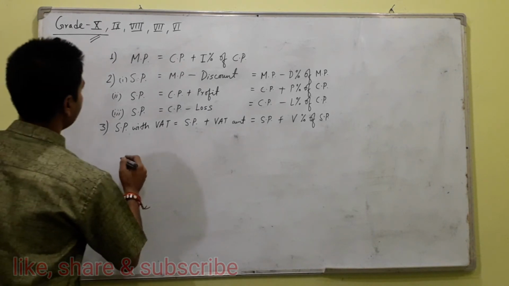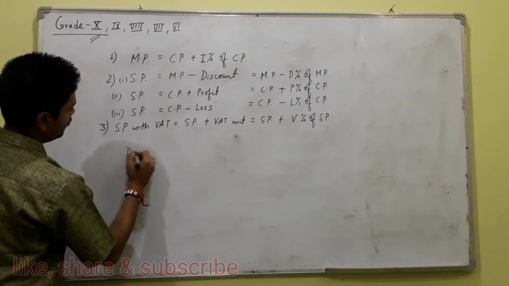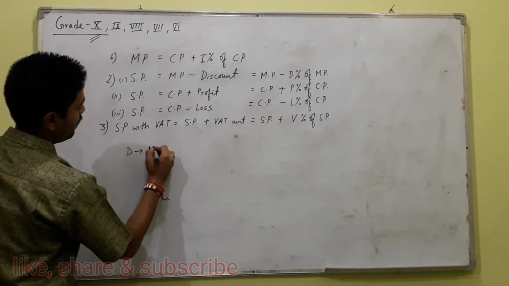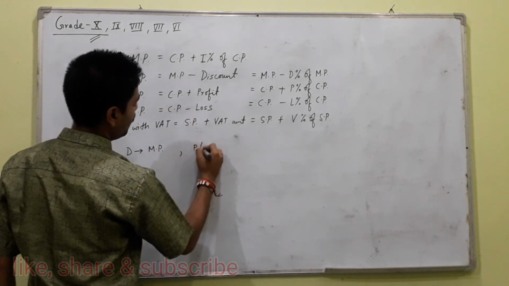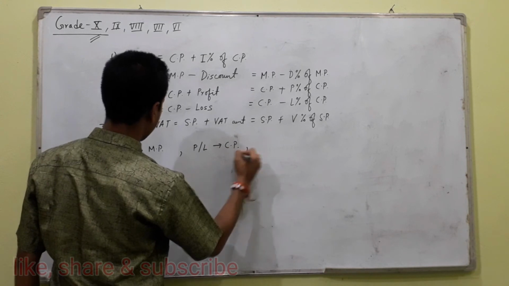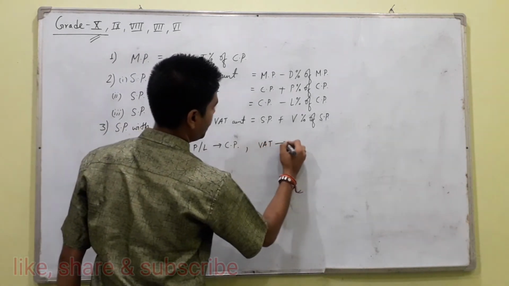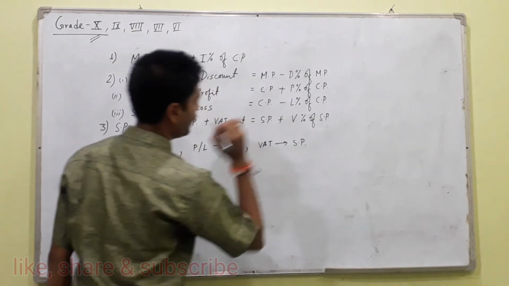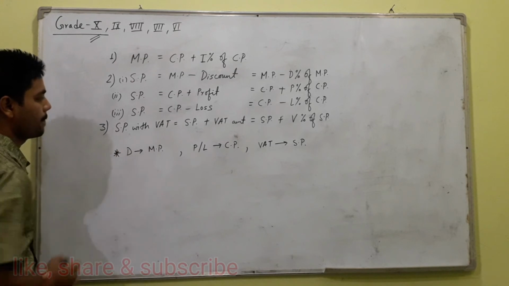And one thing to notice is that discount depends on mark price, profit or loss depends on cost price, VAT, value added tax, depends on selling price. This you must remember.